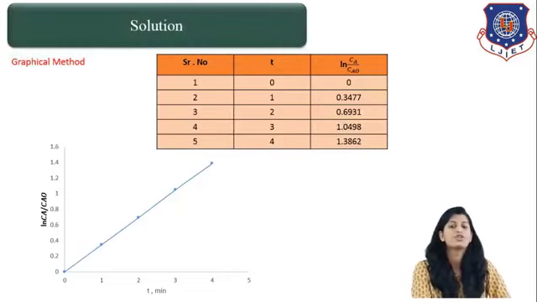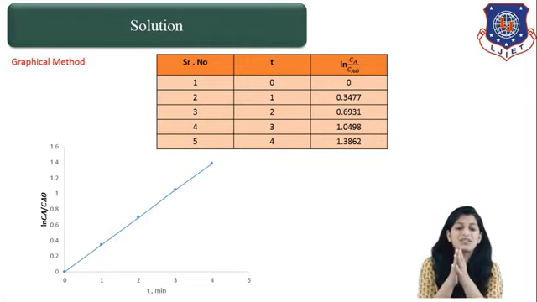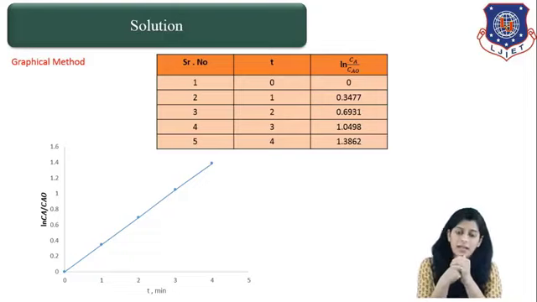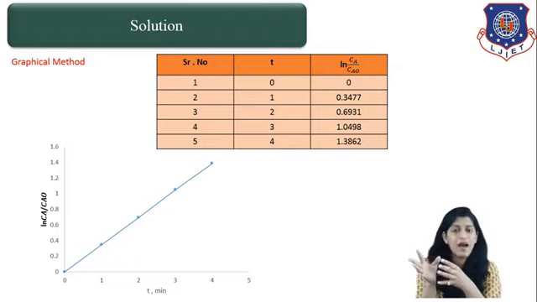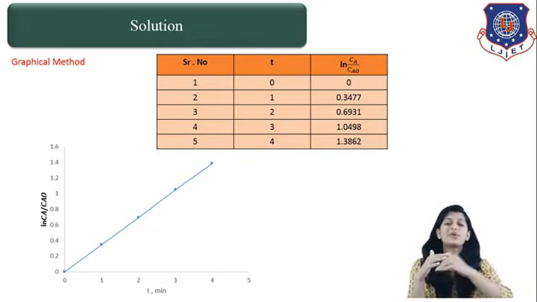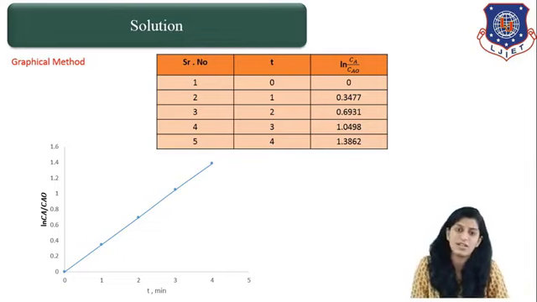So now once we have calculated t and ln Ca by Ca0, our next job is to plot a graph between time and ln Ca by Ca0, right. If you see the plot, it comes to be nearly a straight line. So if our plot is a straight line, it means that our assumed rate equation is correct, right. Whenever you plot a graph of time versus the ln part of the rate equation, if it comes to be a straight line, then your assumed rate equation is correct.